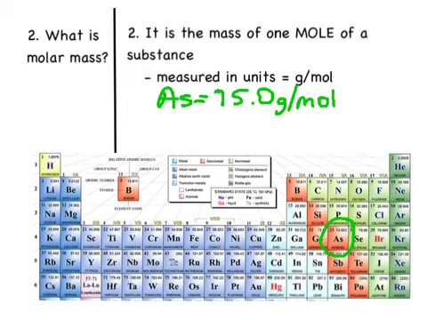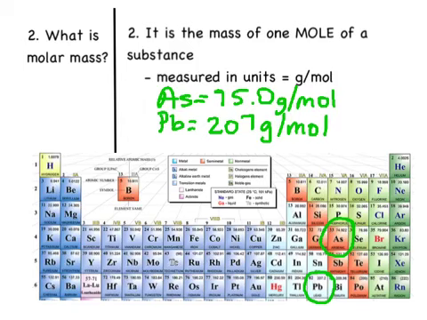It's as easy as that, just looking on the periodic table at that decimal number. So again, let's pick Pb, lead, down here. We take a look at that decimal number, and the molar mass of Pb is 207 grams per mole. It's as easy as that.